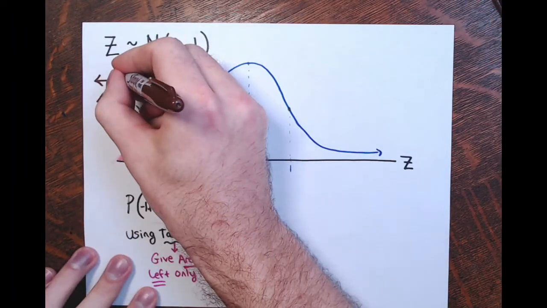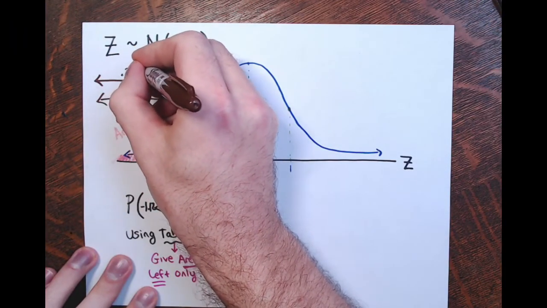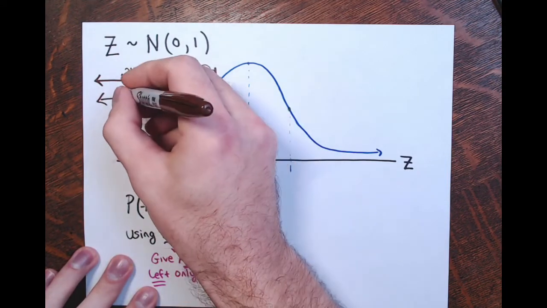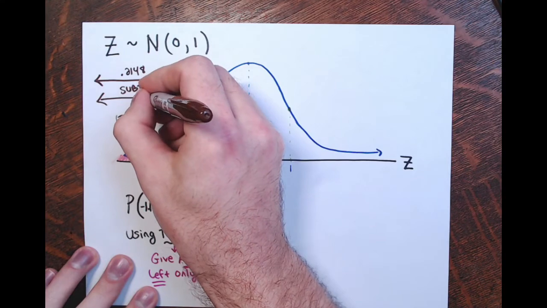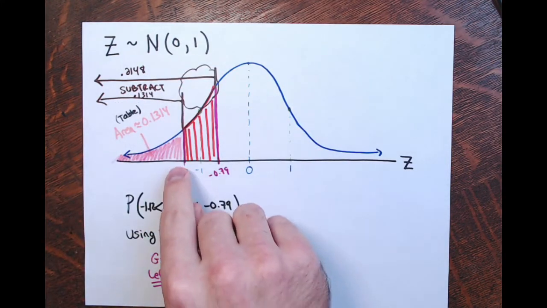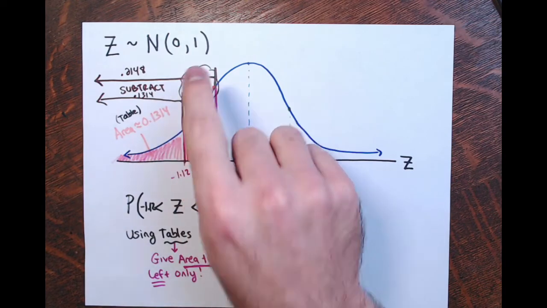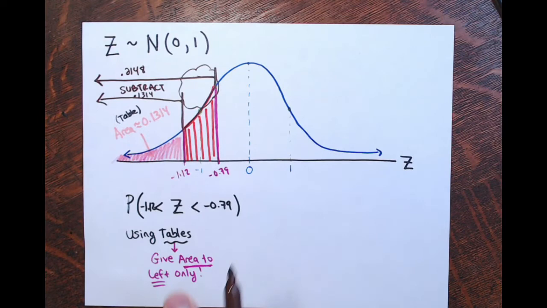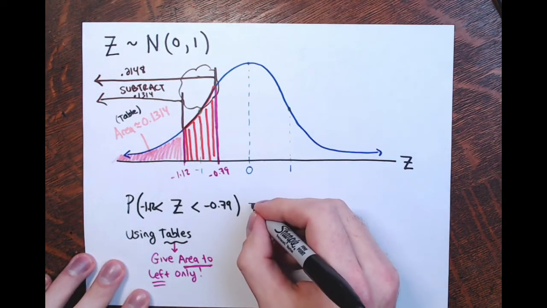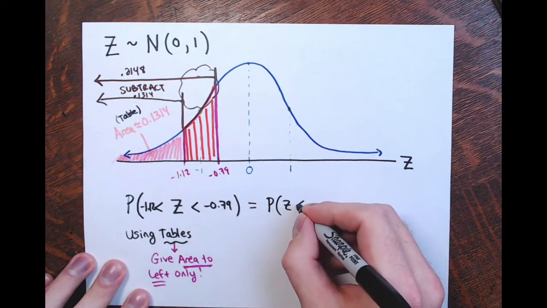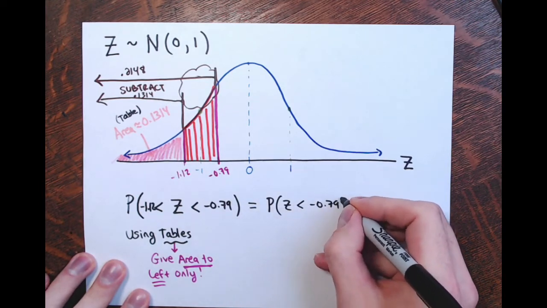So back on my paper. This area is 0.2148, right? This area to the left of negative 0.79. This area is 0.1314, the area to the left of negative 1.12. And I subtract those and I'll get the area in between, right? I'll be left with this area in between here that I'm looking for. Now a way to write this in probability notation is, what's the probability that z is to the left of negative 0.79, right?